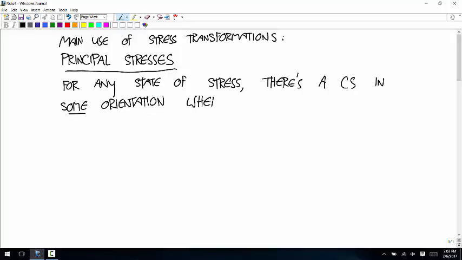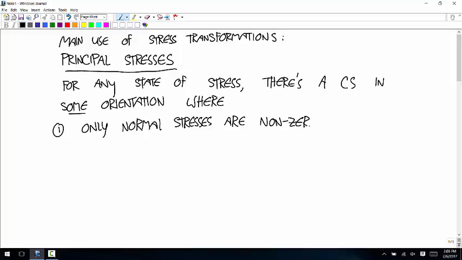First, only normal stresses are non-zero. That means there's no shear stresses.